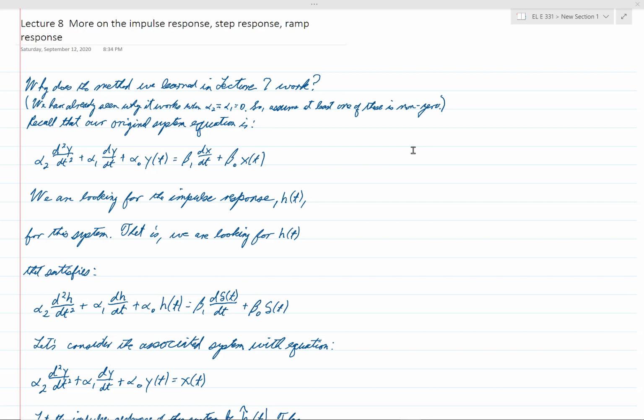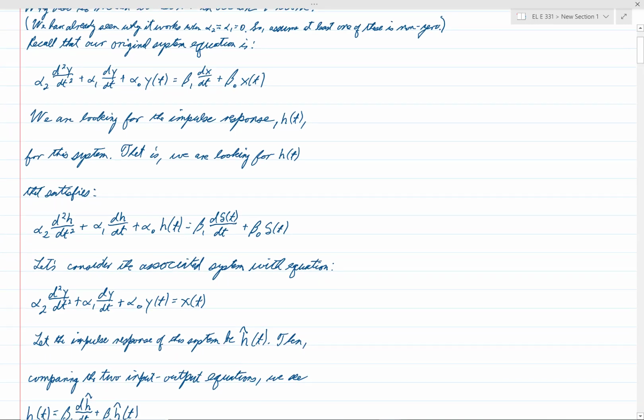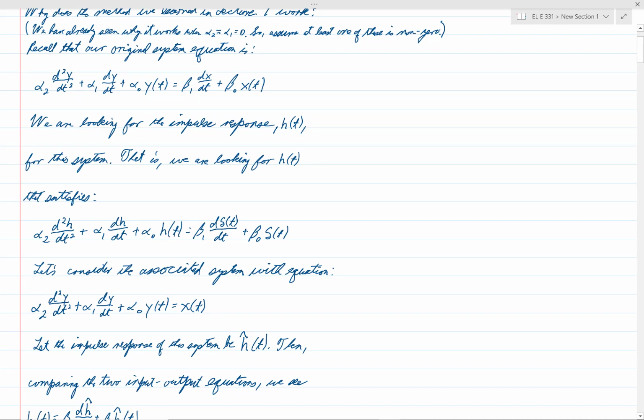Okay, so let's jump into this and see what we can do. Remember, what we're trying to do is find the impulse response of a system that has this input-output equation. And just to remind you, the impulse response is designated as h of t, and h of t is the value of the output when the input is equal to the impulse, or the delta function.